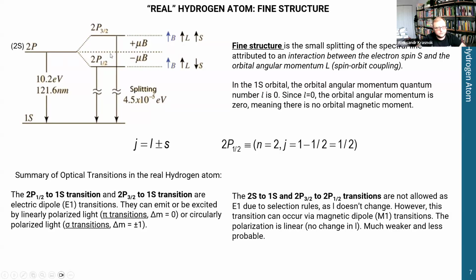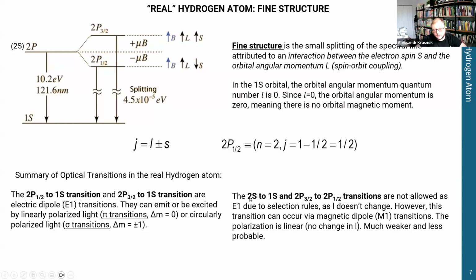So the transition from this 2s to the 1s state is possible, but the fact that this letter doesn't change means that L doesn't change, which means that this transition is not allowed in the electric dipole regime, but totally allowed in the magnetic dipole regime. So this transition can be considered a magnetic dipole.